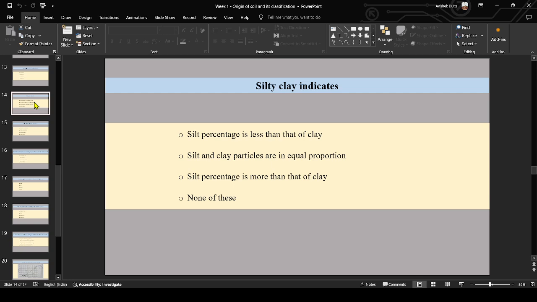Option number three, silt percentage is more than that of clay. And option number four is none of these. So what does the term silty clay indicate about the relative percentage of silt and clay present in a soil?